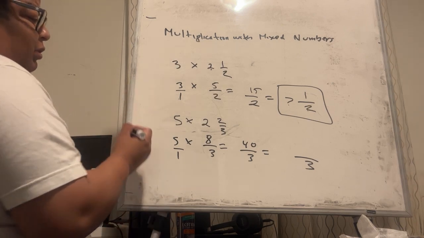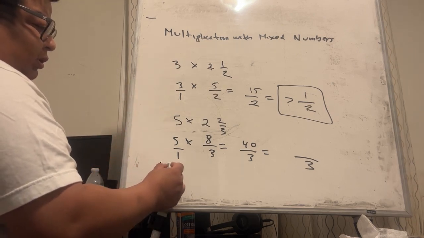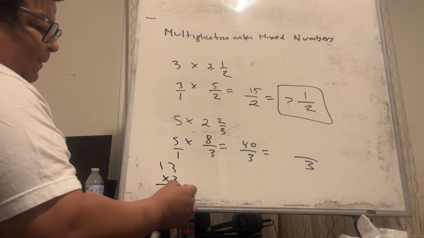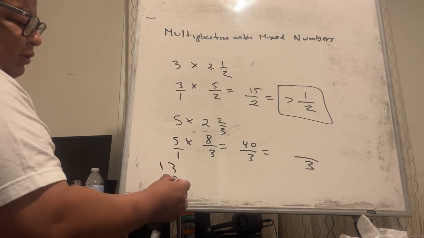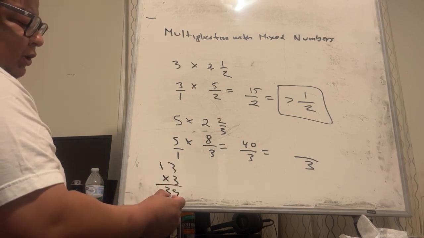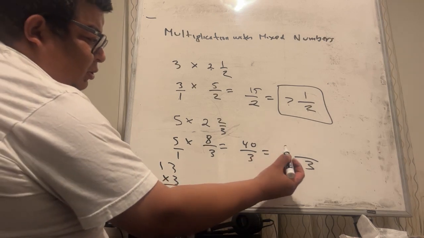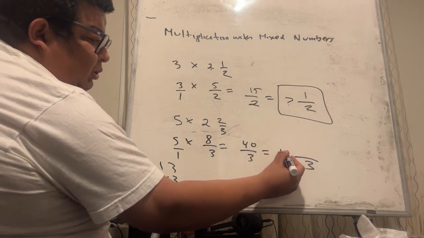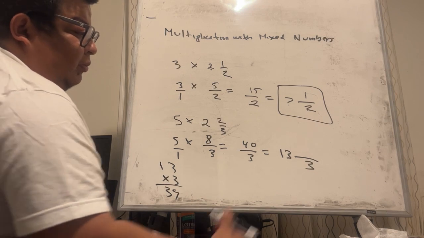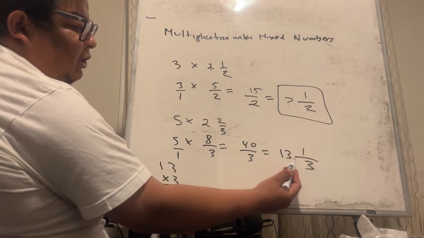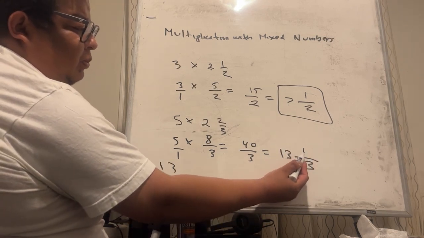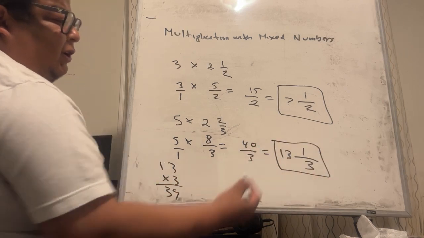Let's see, 13 times 3, 3 times 3, 9, 3 times 1, 3, 39. So let's do 13 and 1, because 3 times 13, 39 plus 1, 40. Final answer.